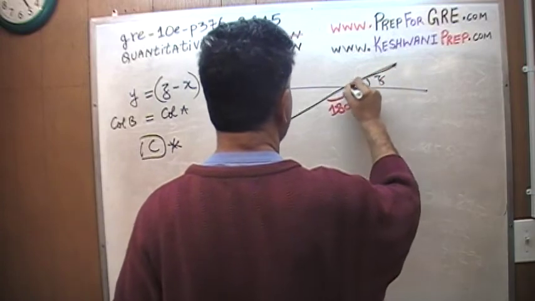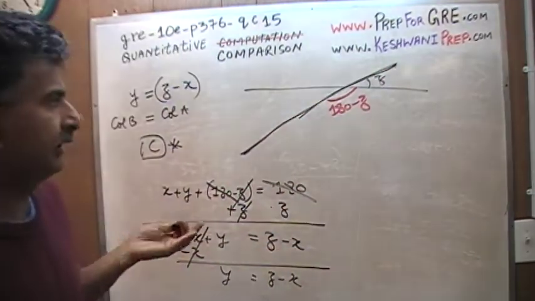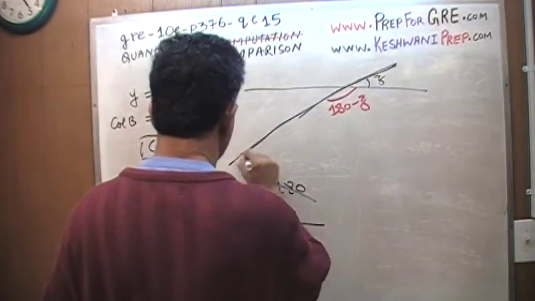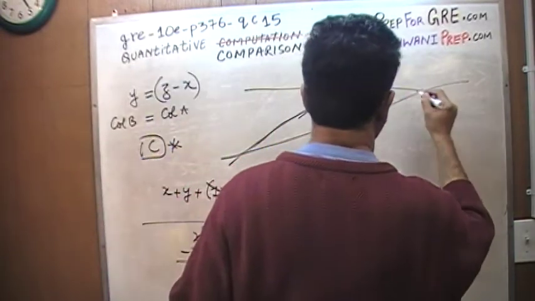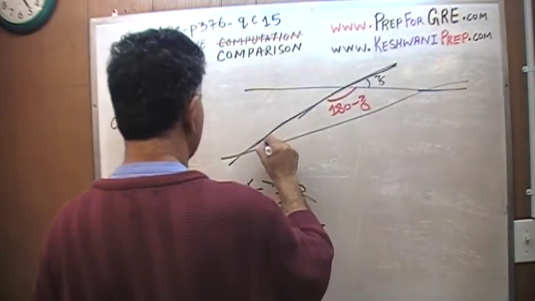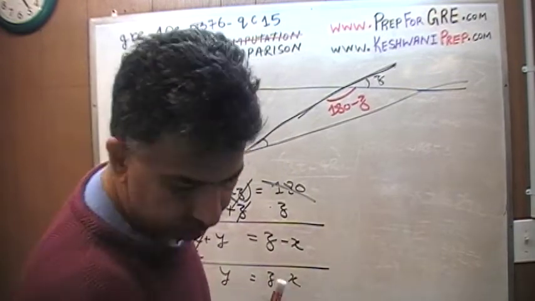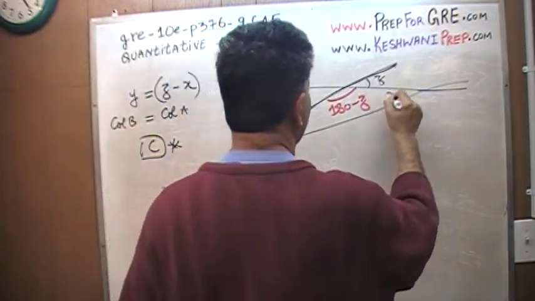A straight line is 180 degrees. Then they give you another one. They call this Y and they call this X.